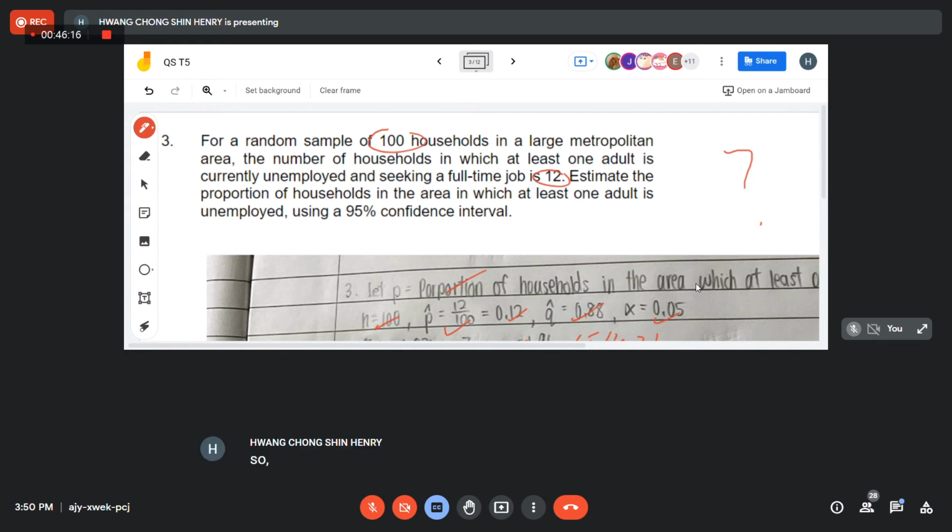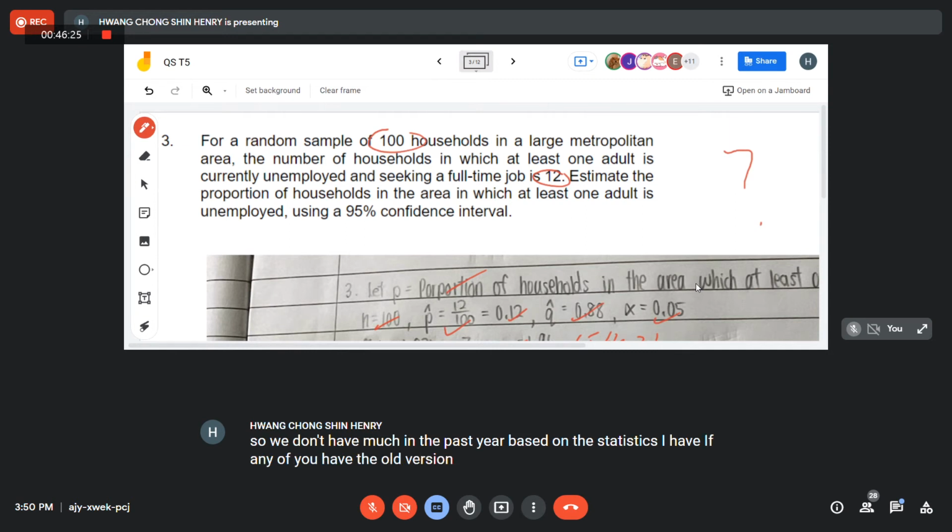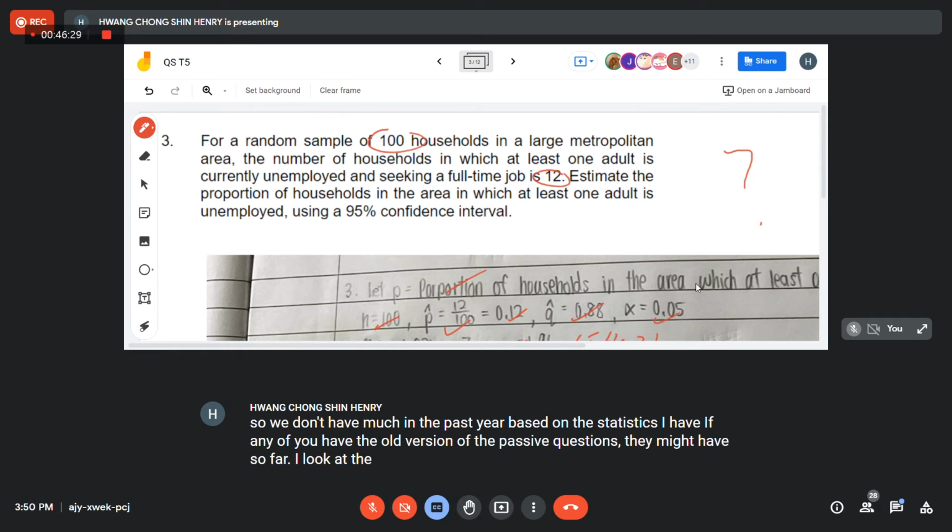So we don't have much in the past year based on the statistics I have. If any of you have the old version of the past year questions, they might have. So far, I look at these 3 years, I don't see estimation questions.